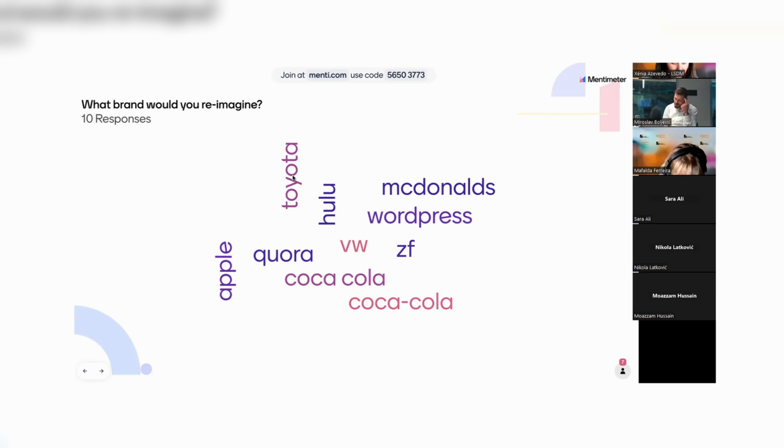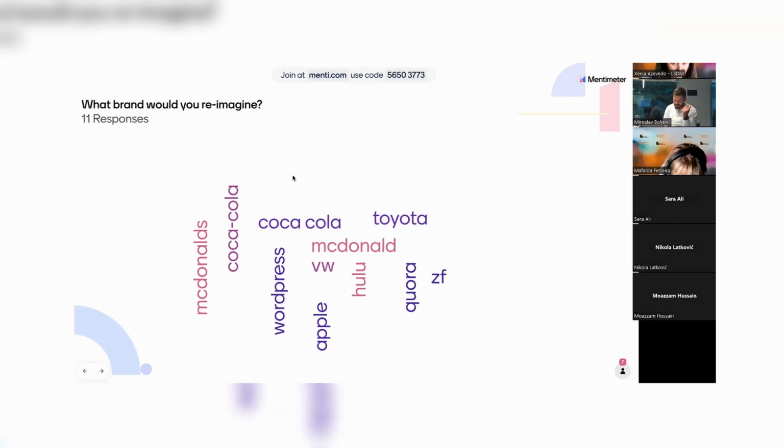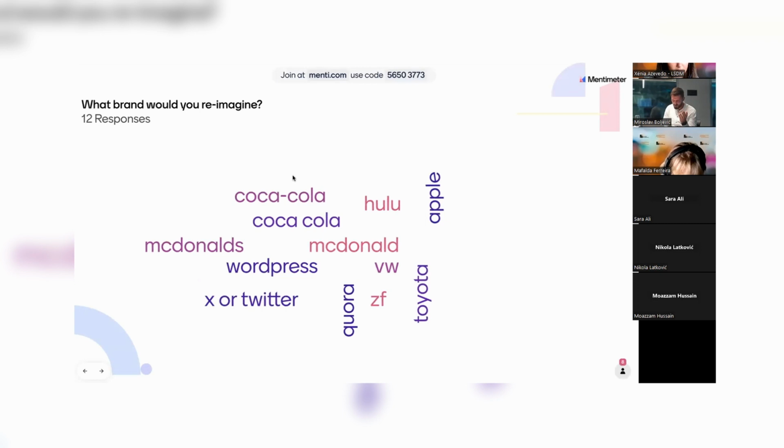Okay, so in the mix are the leading Coca-Cola, McDonald's, WordPress, Toyota. Toyota did a rebrand recently, actually. ZF, Quora, X or Twitter. Yeah, they are in need of a rebrand, I would say, that's for sure.